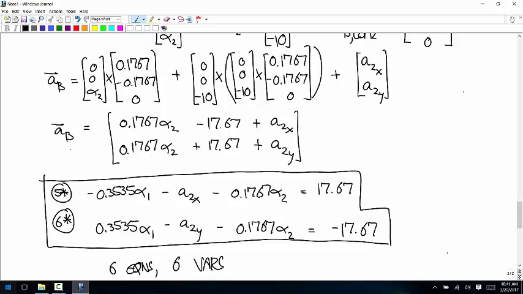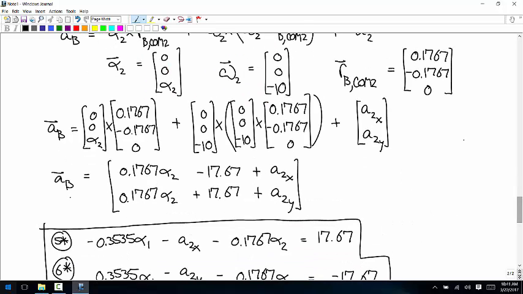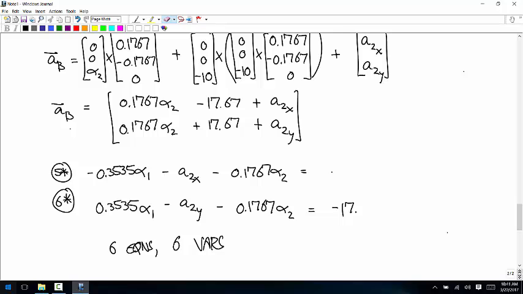The constants are, one's negative there and one's positive, so it seems like they should add in the second one, right? Well, let me just make sure. Don't erase anything yet.